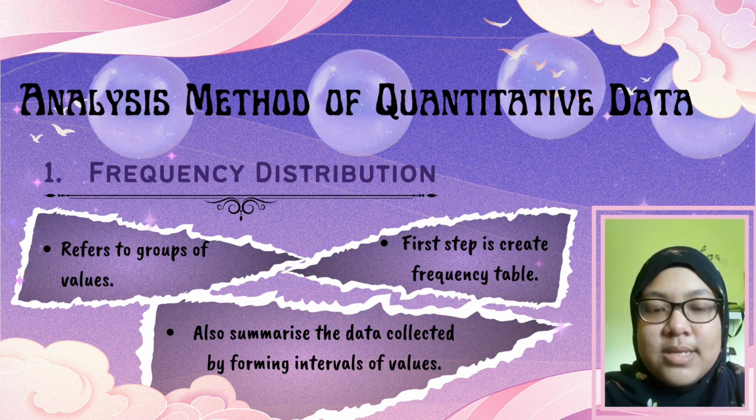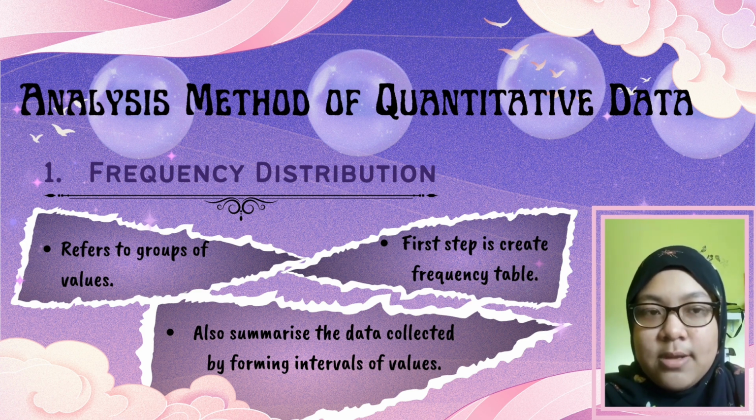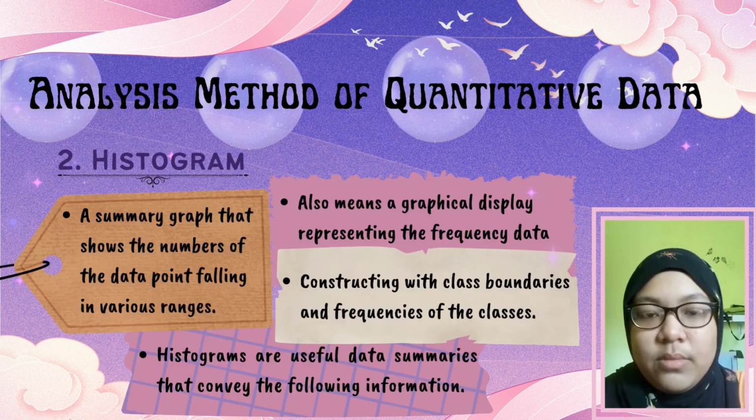A frequency distribution can be created for three reasons. First, to facilitate the analysis of data. Second, to estimate the frequency of the unknown population distribution from the distribution of sample data. And lastly, to facilitate the calculation of various statistical measures.